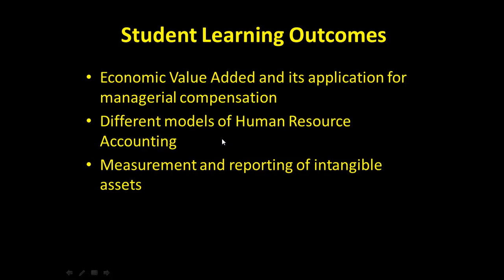The human resources are conspicuous by their absence in the balance sheet. But if at all it had to be shown in the balance sheet, how, and the process of determining the value, will be part of the course. Similarly, the measurement and reporting of other intangible assets will also be covered during the course.